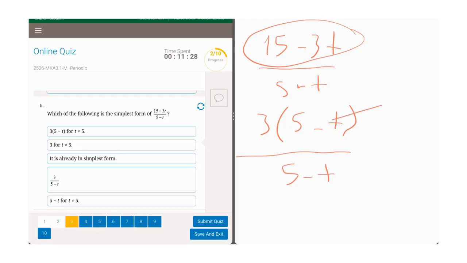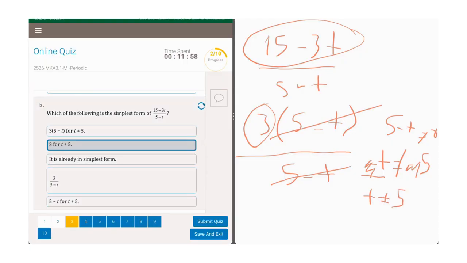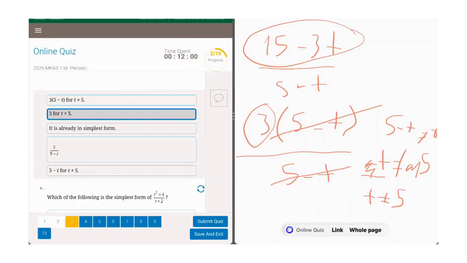Now we can simplify 5 minus t and 5 minus t. The final answer will be 3, and t cannot be 5, because 5 minus t cannot be equal to 0. So we move negative 5 to the other side. It will be minus t equals minus 5. Remove the minus sign, so t cannot be equal to 5. The simplest form is 3, t is not equal to 5.